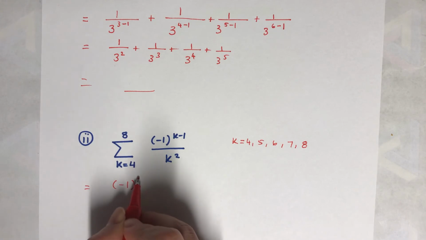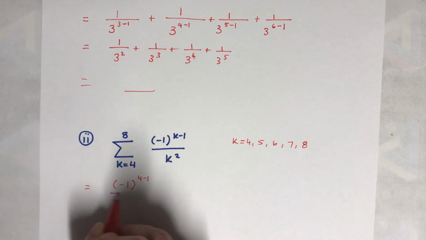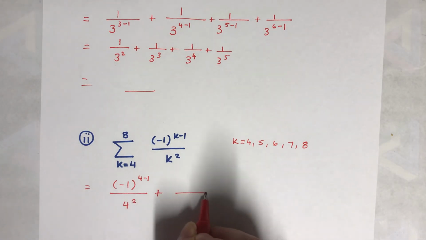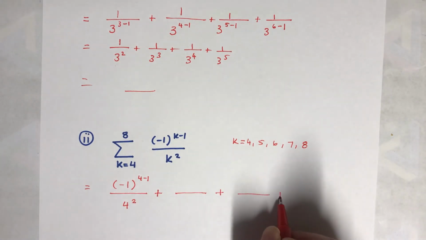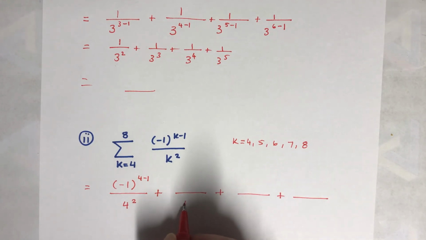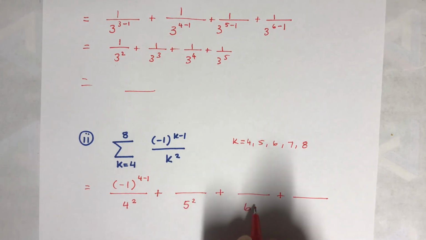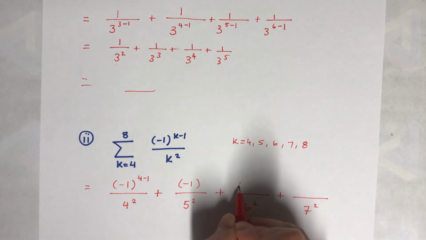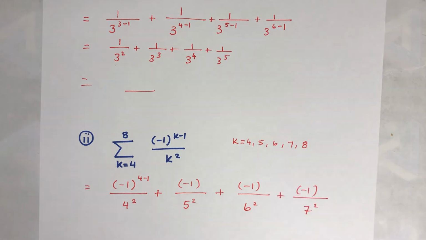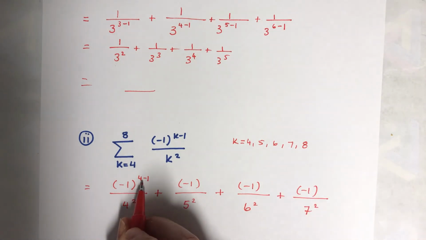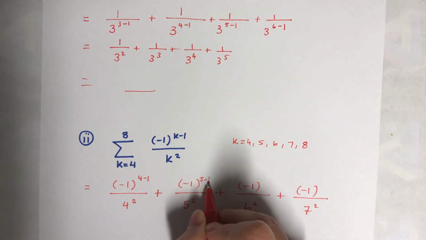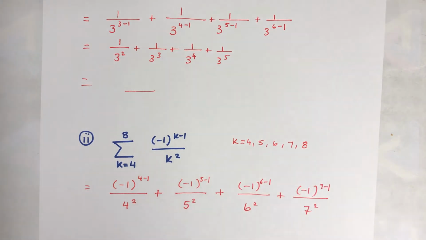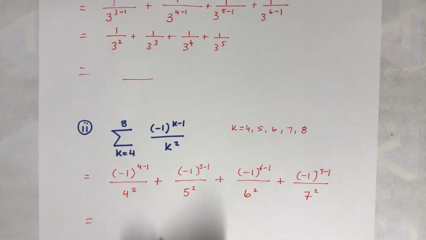Minus 1 to the power of 4 minus 1, 4 squared, plus, so 4, 5, 6, 7, okay, and then I'll just put all that in so I can concentrate on the terms there. So it'll be 5 minus 1, power of 5 minus 1, power of 6 minus 1, 7 minus 1, okay.